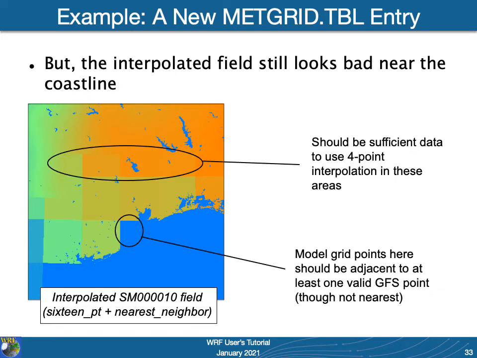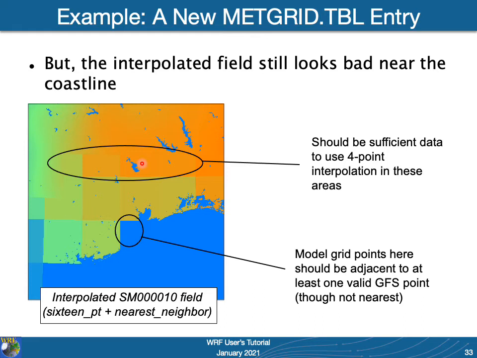Now we can try to improve upon the interpolated results by adjusting the metgrid table based on a few observations. So firstly, there are parts of our model domain that might not have a 4x4 grid of valid GFS points, but some of these grid points here might have a 2x2 grid of valid GFS data surrounding them.